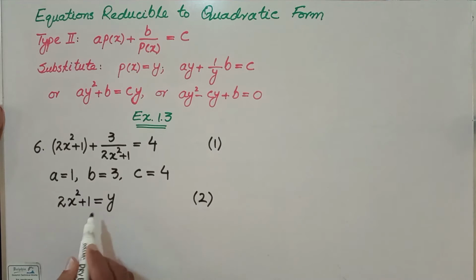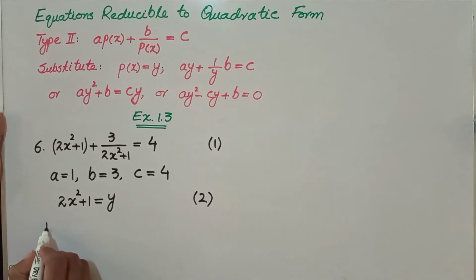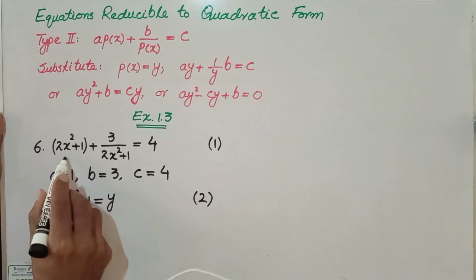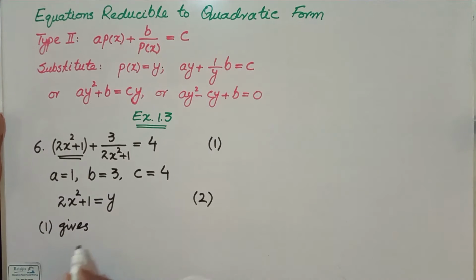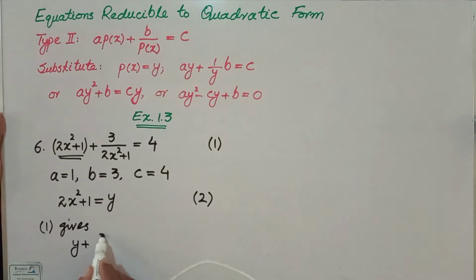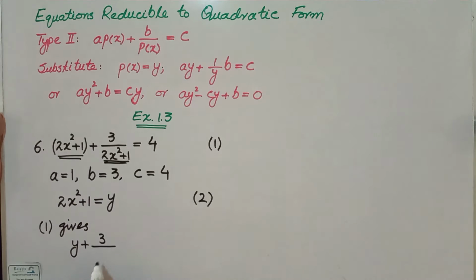We'll replace this value of y in equation 1, which gives y plus 3 divided by, again this term is replaced by y, is equal to 4.